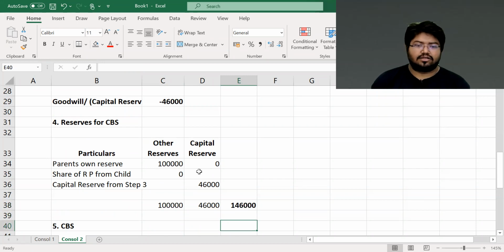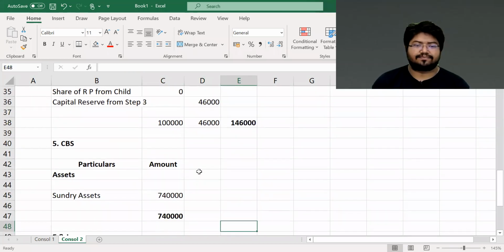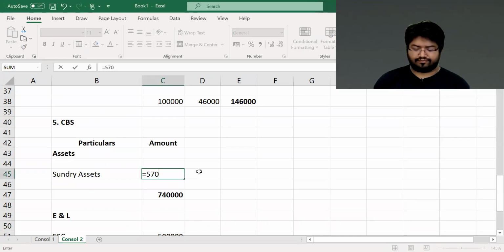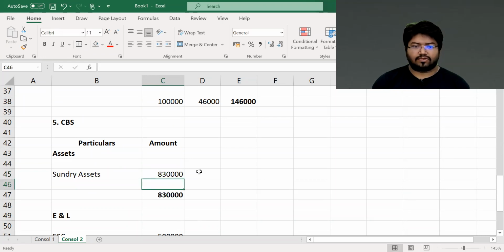After that, go ahead for CBS. So CBS sundry assets is 5,70,000 plus 2,60,000, that is 8,30,000.